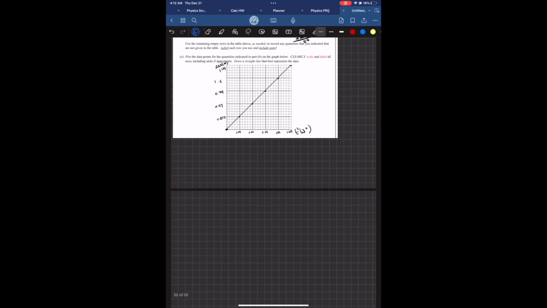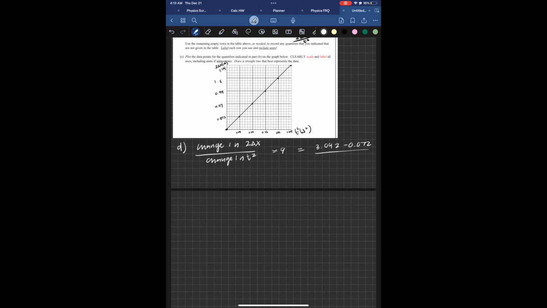Furthermore, for D, for the experimental acceleration, what I did for the acceleration is the change in 2 delta x over the change in t squared, because that's going to get you basically the slope of the graph that I just graphed, and as we know, meters over second squared is acceleration.